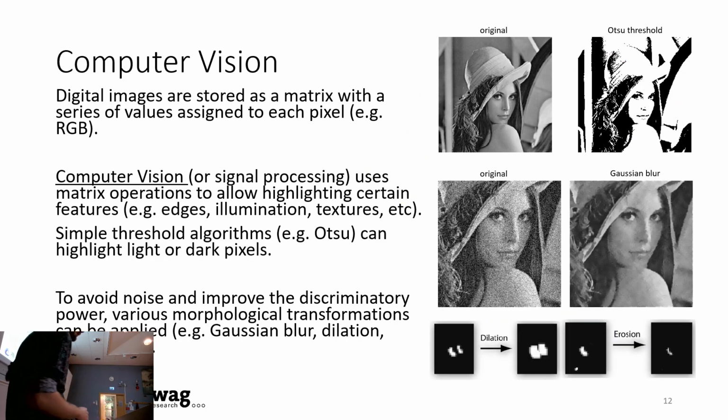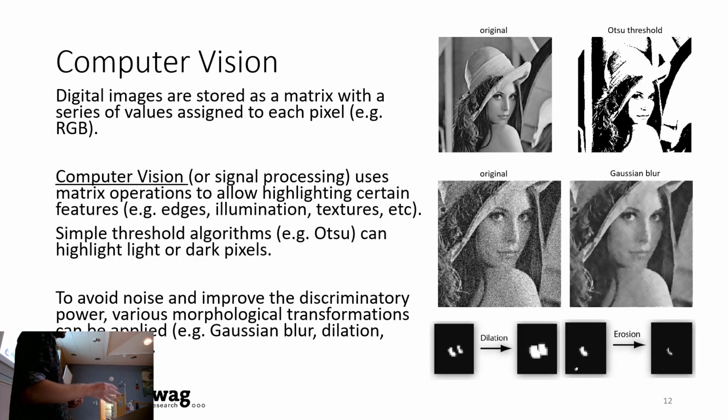I probably don't need to tell you this, but repetita iuvant, we say. Digital images are stored as a matrix, basically a big array of numbers. Computer vision, also called signal processing in some domains, uses simple mathematical operations on these matrices to highlight certain features.